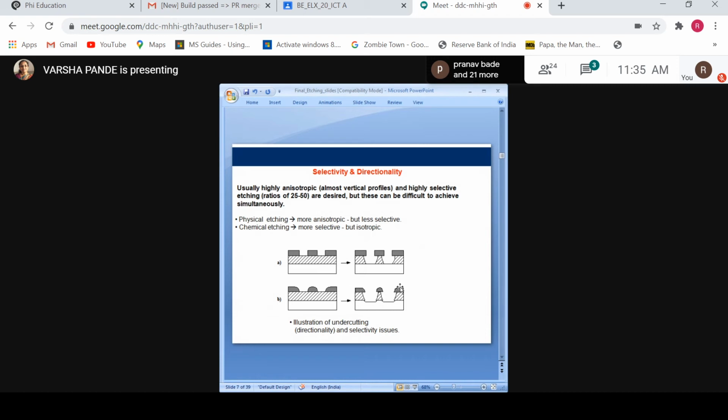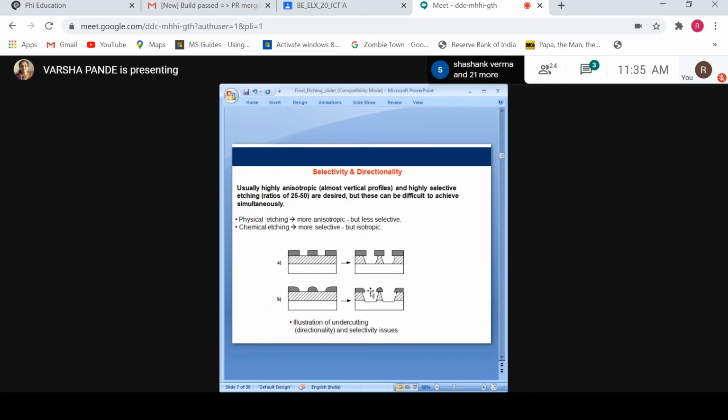You can see it is directional, the etching is generally in the vertical direction, but the selectivity is not good. The material which we want to remove is removed, and the material which we don't want to remove is also removed. Selectivity is not good.